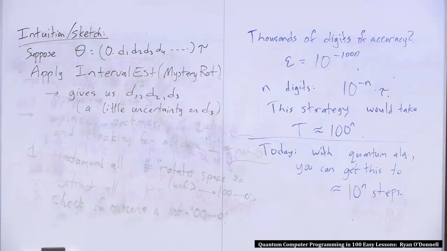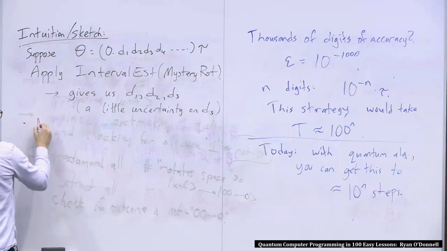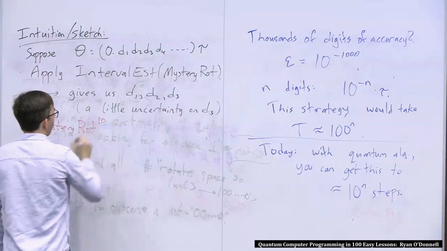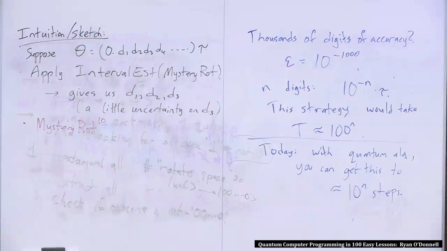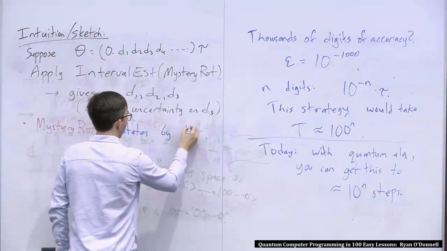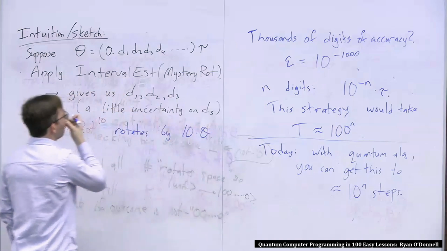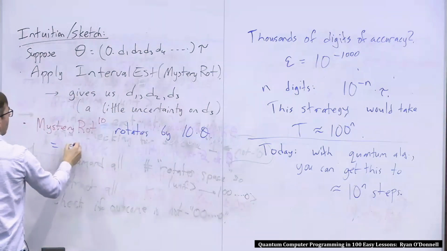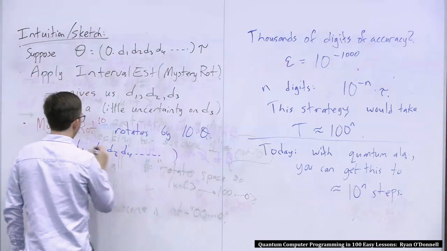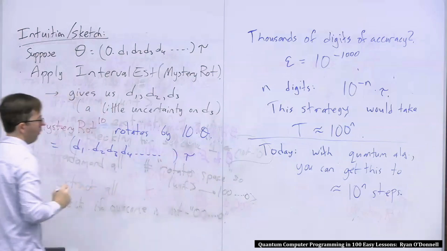Okay, but now here's the idea. Let's think about mystery rot to the power of 10. Imagine doing this mystery rotation code 10 times in a row. Well, this rotates by 10 theta, which is d1, d2, d3, d4, dot, dot, dot, dot, dot, dot, full circles.